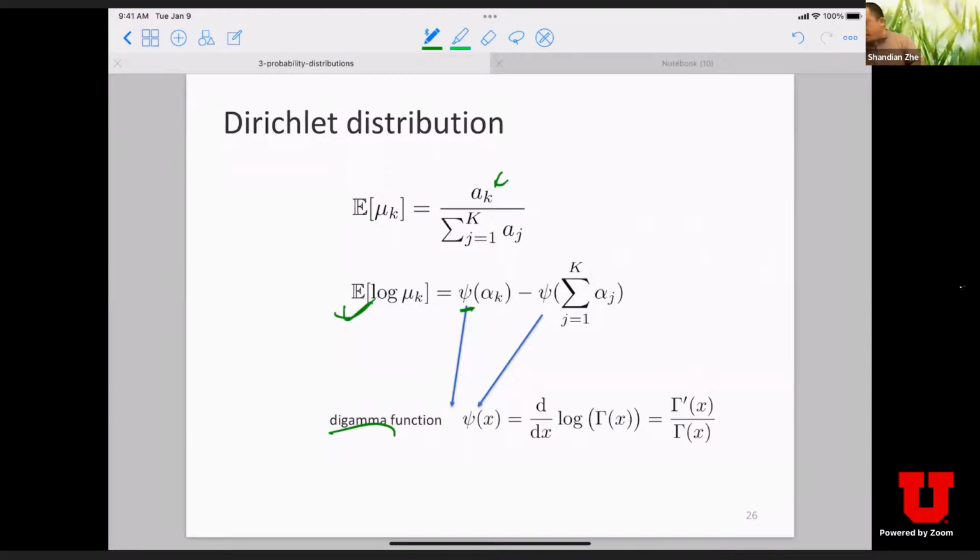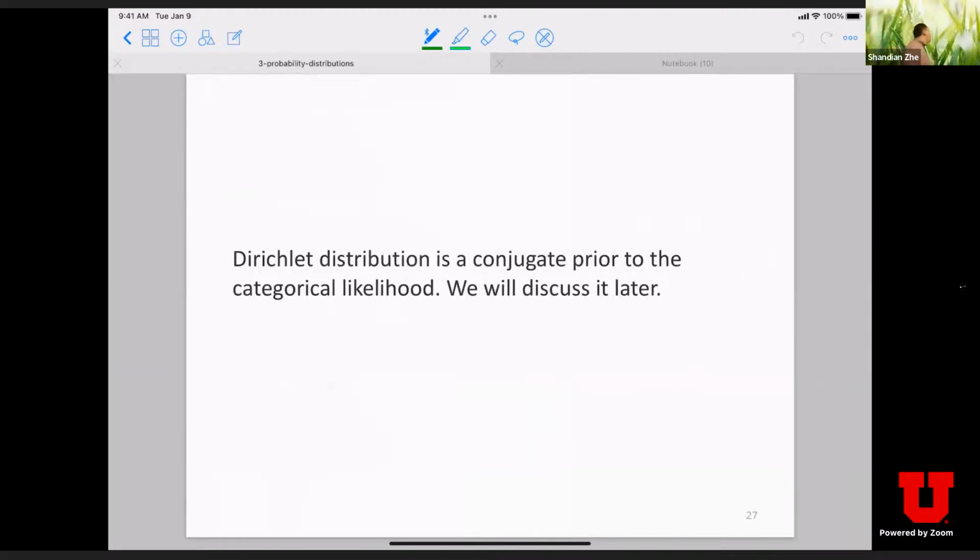Okay, great. So again, why do we specifically introduce the Dirichlet distribution? Do we have any other distributions that can assign a prior over a probability vector? The answer is yes. But the major reason we emphasize this is that the Dirichlet distribution is a conjugate prior to the categorical likelihood.